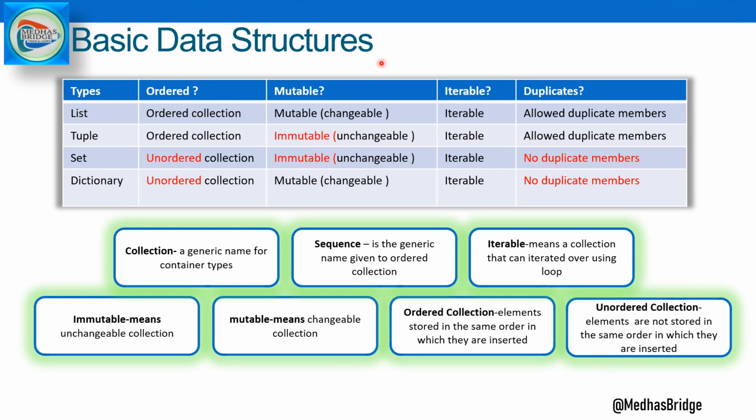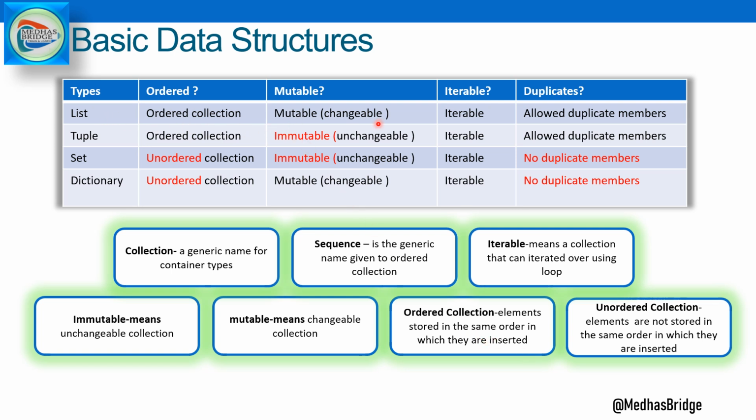Basic data structures. List, tuple, set, dictionary are the collections. Collection is a generic name for container types. List is an ordered collection. Ordered collection means elements are stored in the same order in which they are inserted.